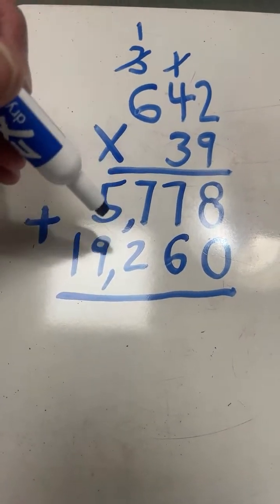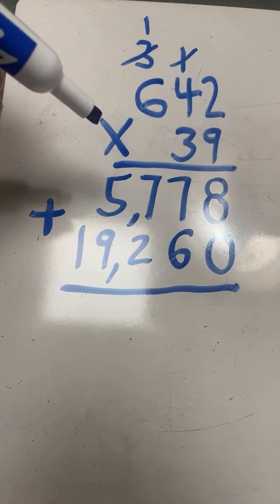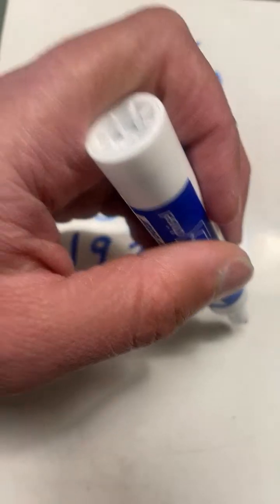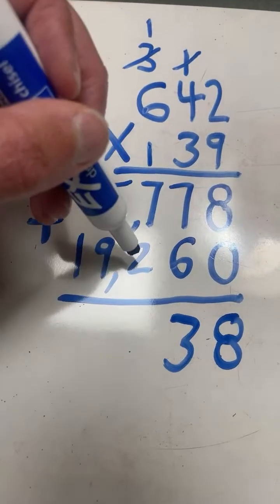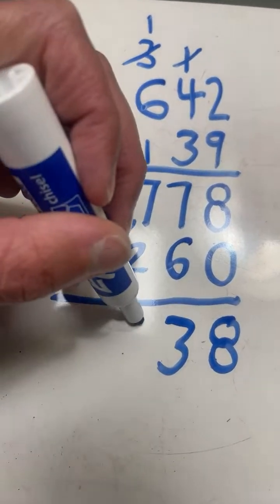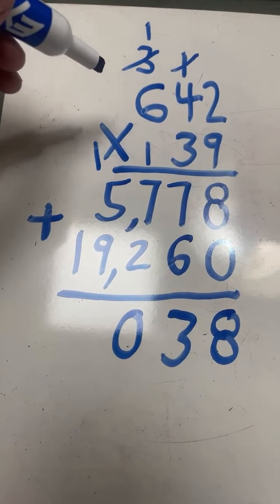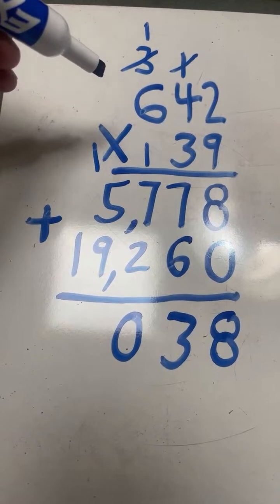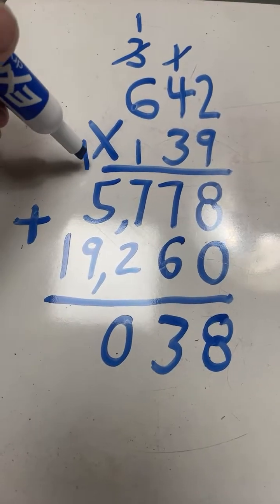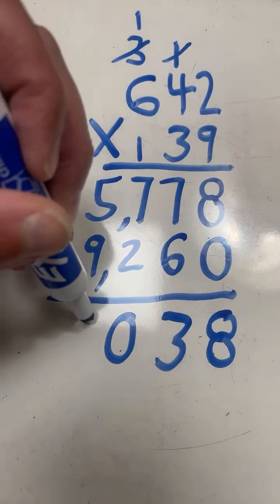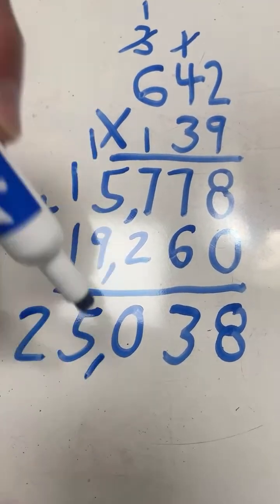And now the final step, we add these two numbers together to get our final answer. All right, 8 plus 0 equals 8. 7 plus 6 equals 13. 3, carry the 1. 7 plus 2 equals 9, plus 1 equals 10. 0, carry the 1. 1 plus 5 equals 6, plus 9 equals 15. 5, carry the 1. 1 plus 1 equals 2.